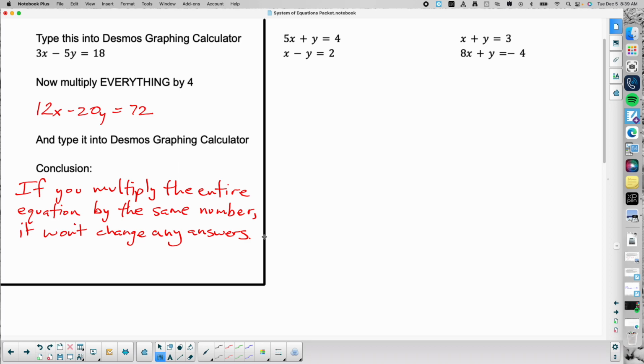Okay, so we're going to do that question that's right next to the box. So 5x plus y equals 4, x minus y equals 2. This is a completely different way of trying to solve the problems than substitution.